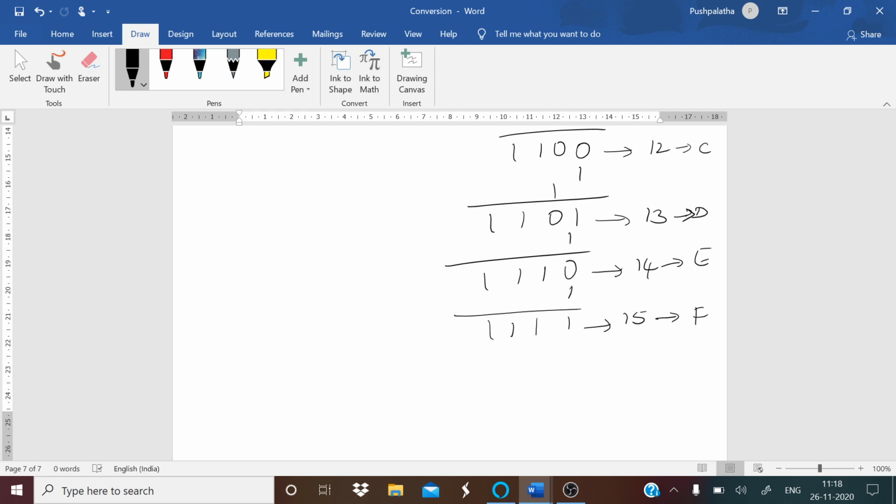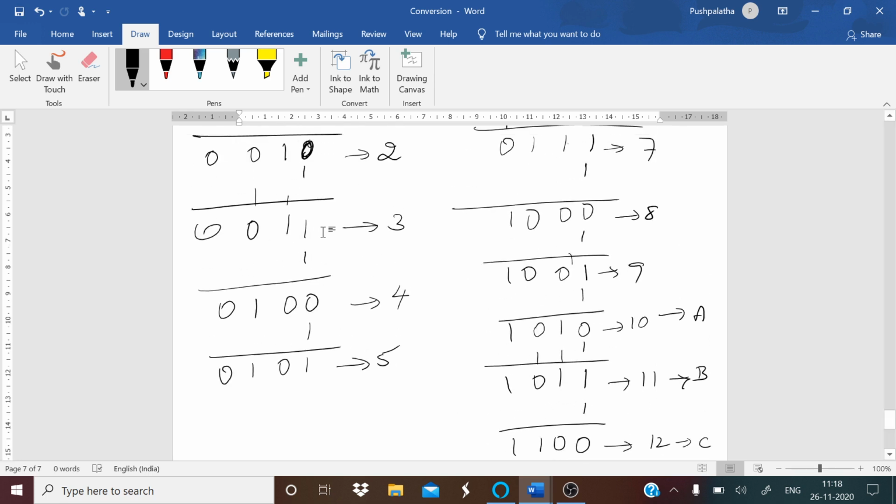Learn this by heart also if you can: 000 is 0, 001 is 1, 010 is 2, 011 is 3, 100 is 4. In this way, just learn by heart and go on. We'll continue this in the next session so that it is easier for you to understand.